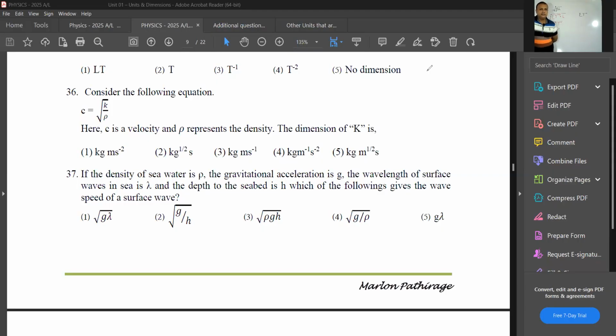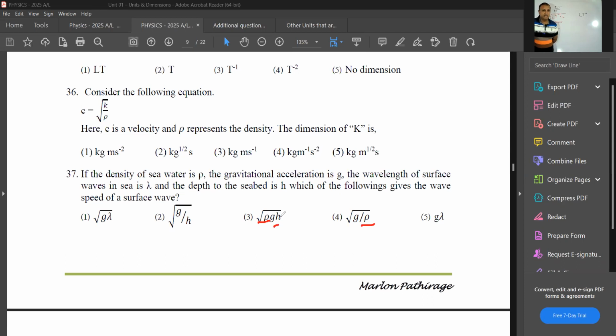Look at these answers. Both answers have density. Here density, here again density. If it is a density, then definitely there should be an m value. But that m value won't be cancelled out, no?